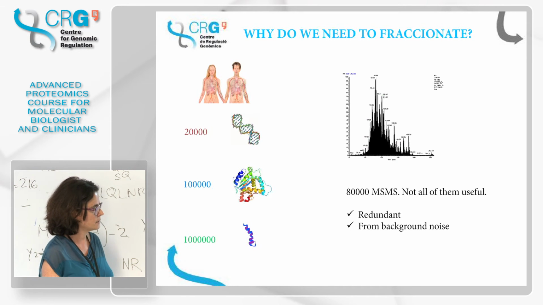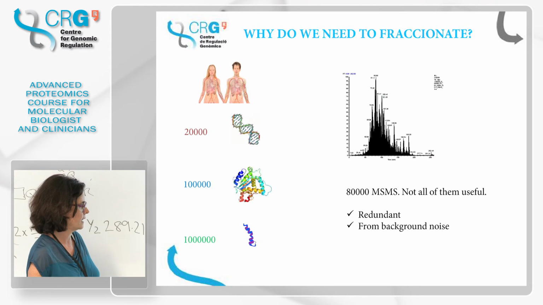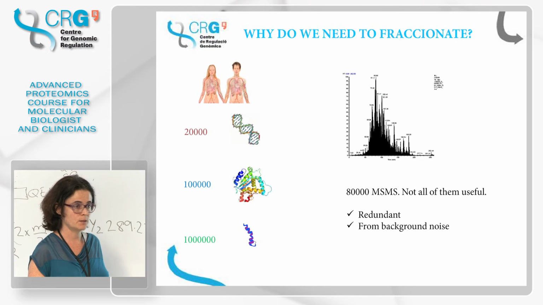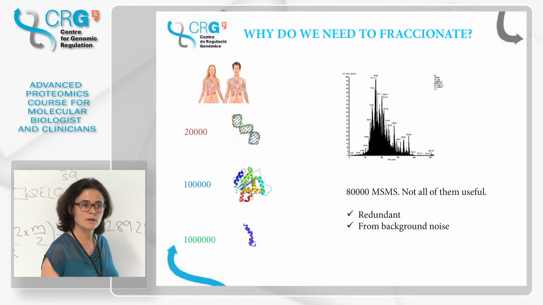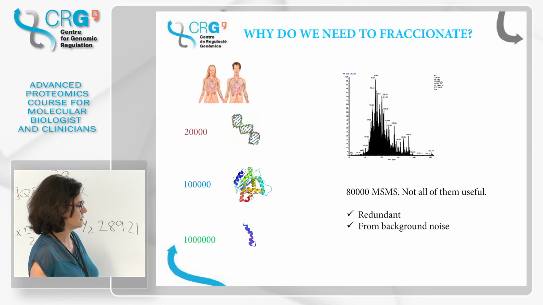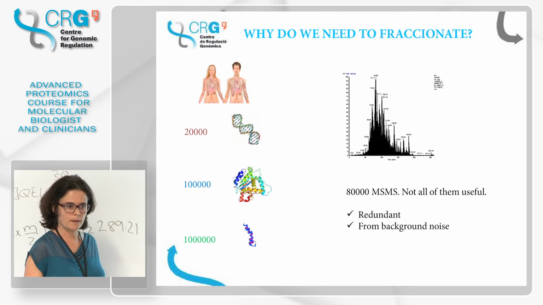In a 2 hour LC-MS/MS run, we get about 80,000 MS/MS spectra. Not all of them are useful, because some are redundant, or some are from background noise. So with these numbers, we don't have enough to identify the millions of peptides that we can have in our sample. That's why we need to separate our sample into simpler samples.